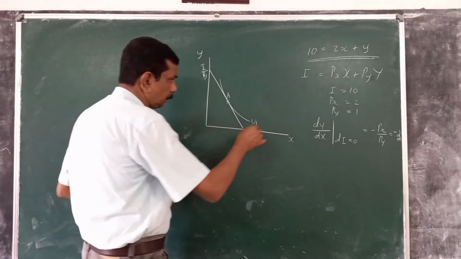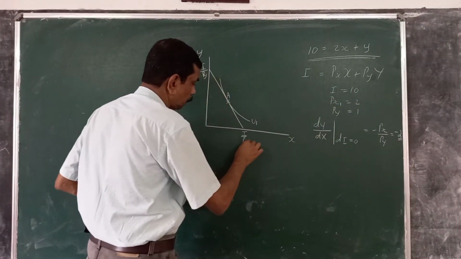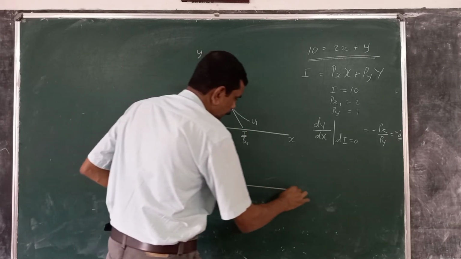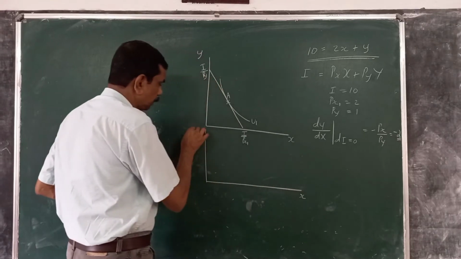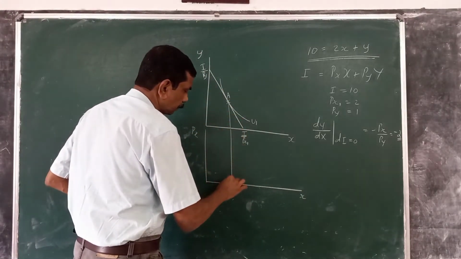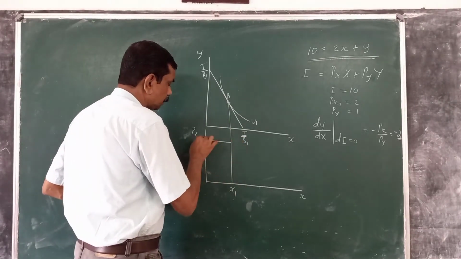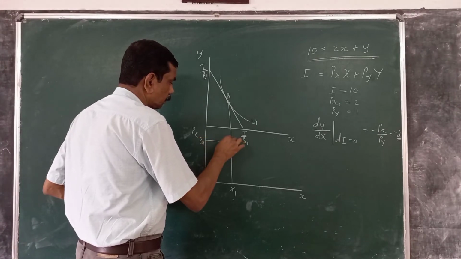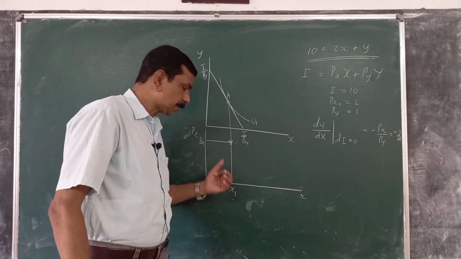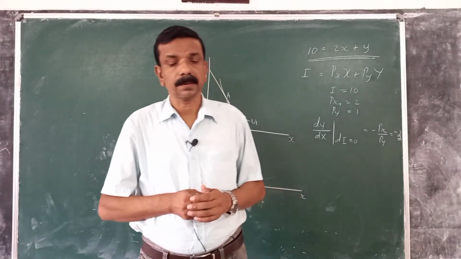Now, let me consider it as Px1. When the price of X, Px, is Px1, our consumer consumes x1 units and maximizes his utility.